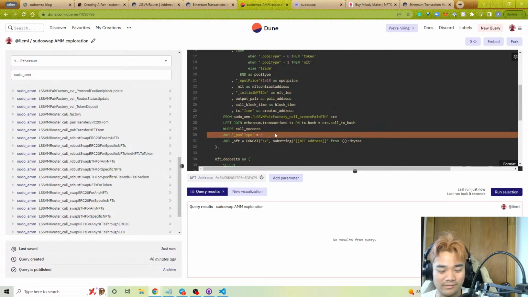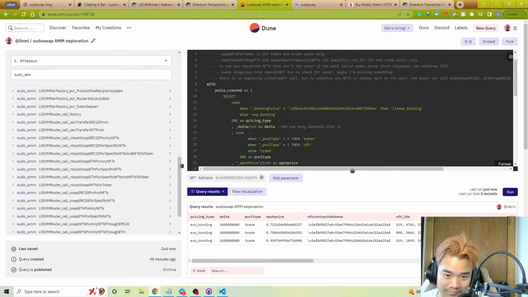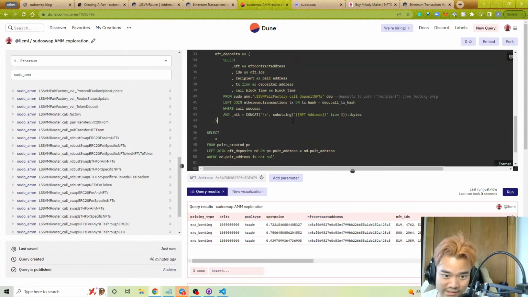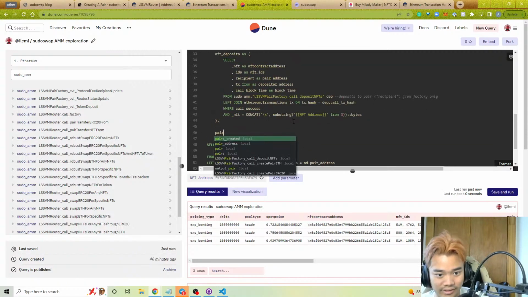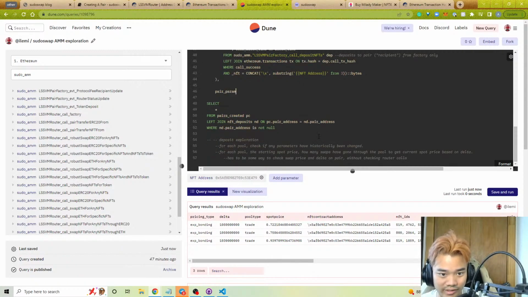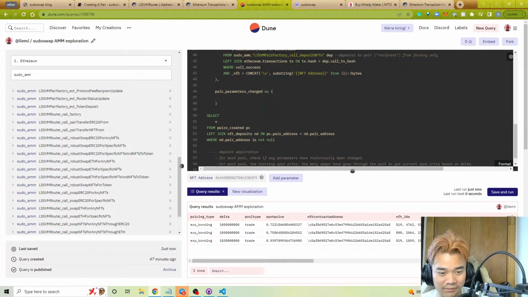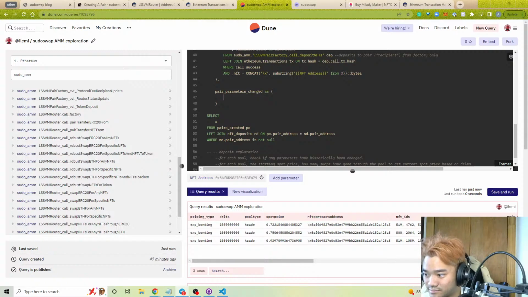Oh yeah, we don't want this. Okay, so we have this. Let's get pair parameters changed as. So we want to get all of the parameter changes.